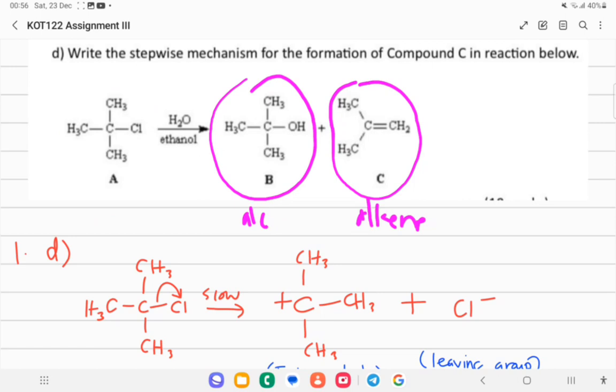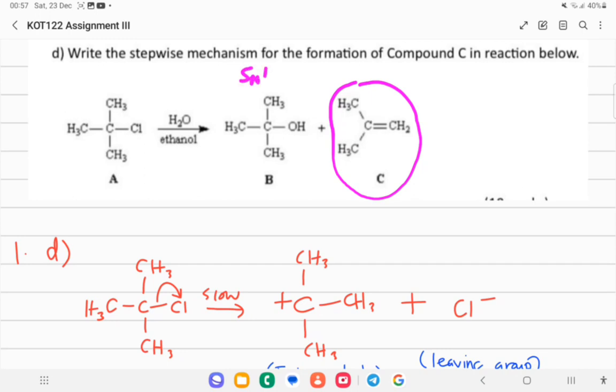For compound B, which is our alcohol, the product is due to the SN1 reaction, while our other product, compound C, is due to the E1 reaction.